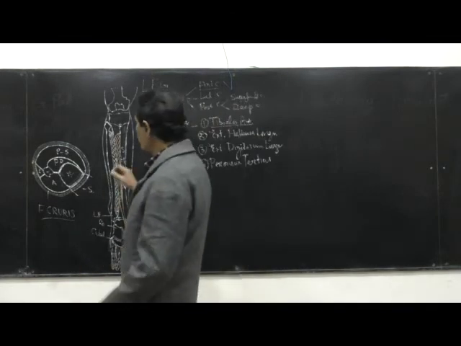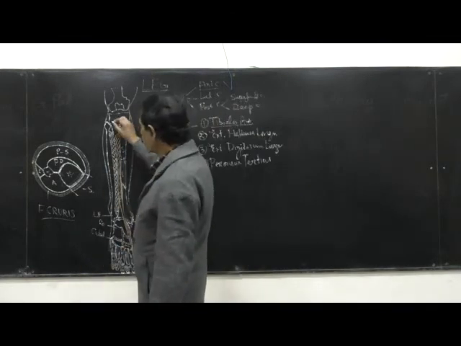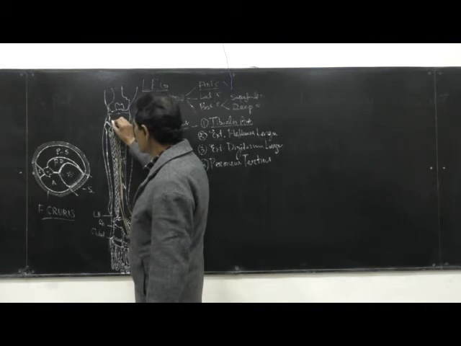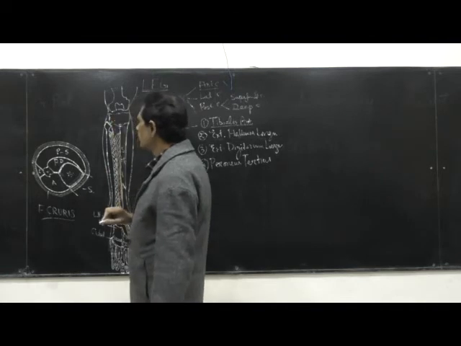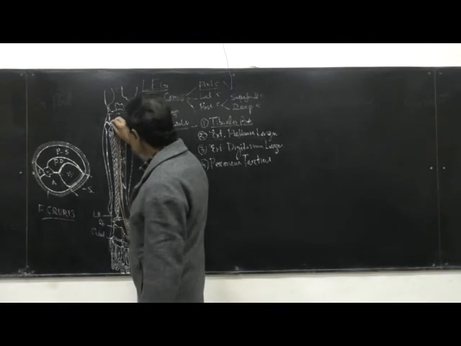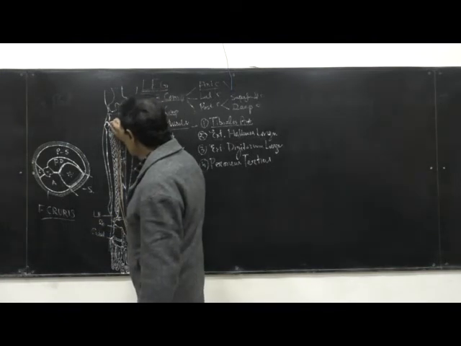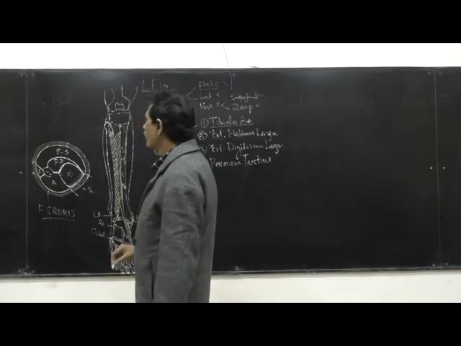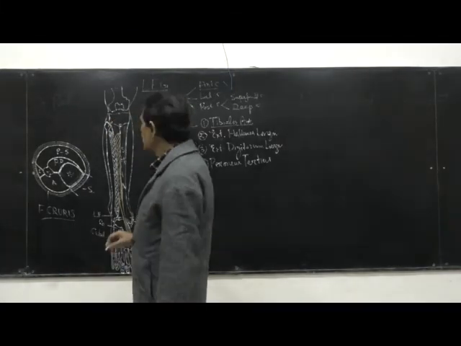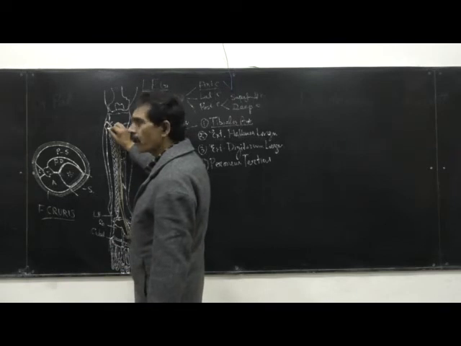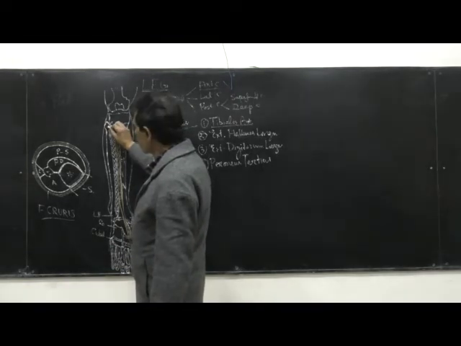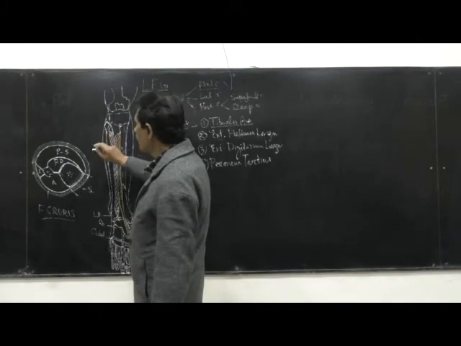So the origin of the muscle is, number one, from the anterior surface of the lateral condyle of the tibia. Number two, the head of the fibula: the anterior medial surface of the head of the fibula is the second point. Then this muscle is interrupted near the neck of the fibula.